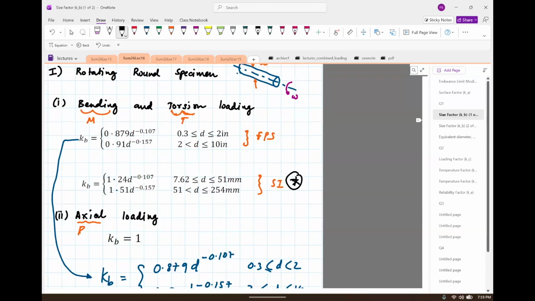We go back to the rotating ground specimen because we've converted, sort of mapped, the non-rotating specimen to a rotating ground specimen. So again, we see if it's in this range between 7.6 to 51, that is, 11 is between that. So we use the same formula, 1.24 d, where d is the new value we got from the mapping.